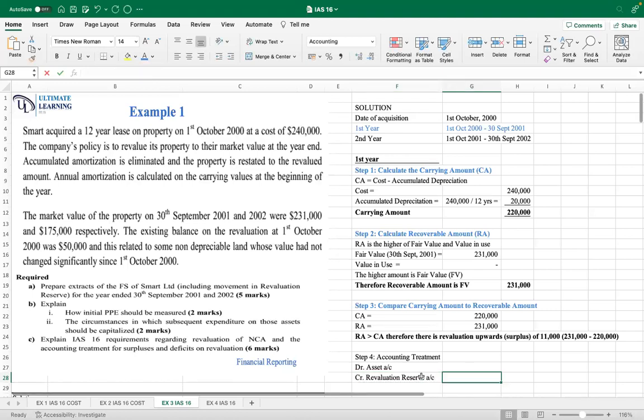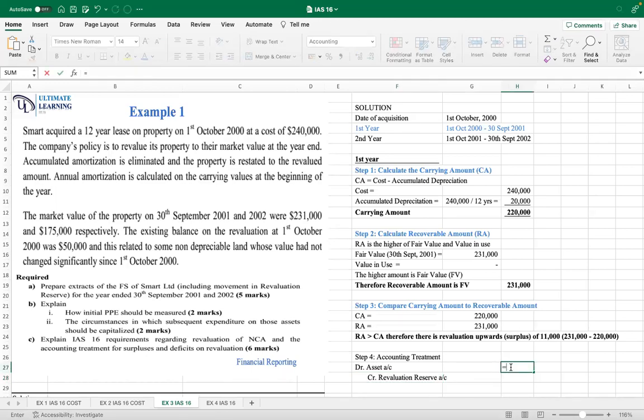So that is the accounting treatment. So you debit asset by 11,000 and you credit revaluation reserve also by 11,000.